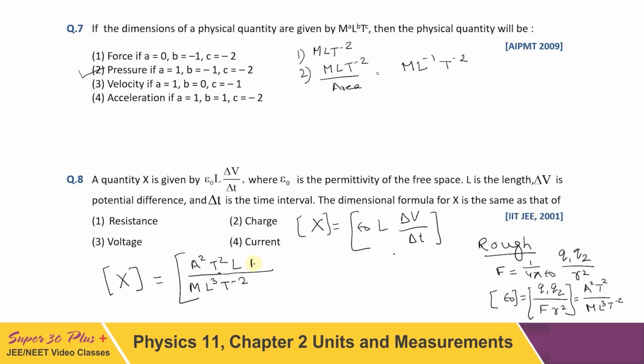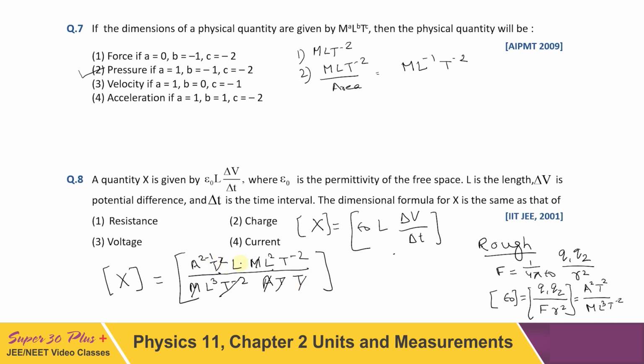So I am writing energy ML^2T^-2 upon charge, that is AT. And then one more T term, time, here. Now let us see how many terms can get cancelled. One of the A got cancelled, another M got cancelled. In the denominator we have T^2 and T^-2. So this all got cancelled.